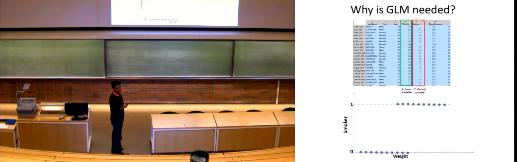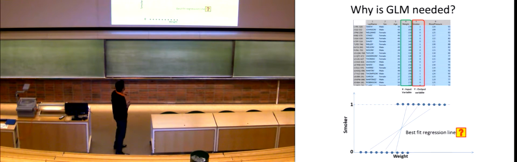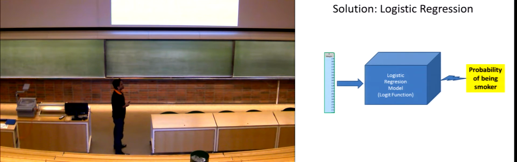This is always the procedure in order to find a linear regression. But it is not possible to fit a line, you see? Because any line can pass through these two groups, and also it is not good because none of the points actually fit the line, right? They are far away from that line. So there is no best-fit regression line in such cases. So we need something else, and that something else is called logistic regression.